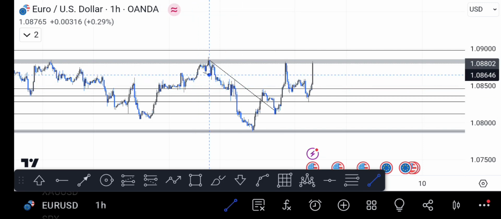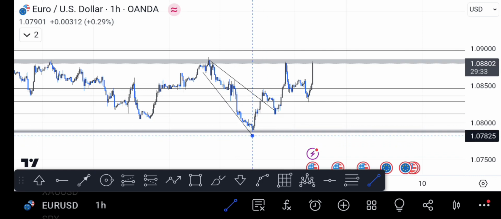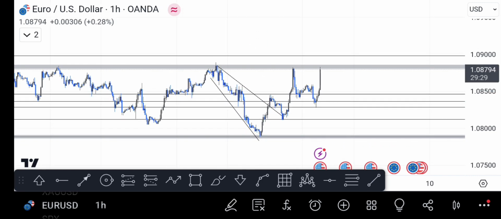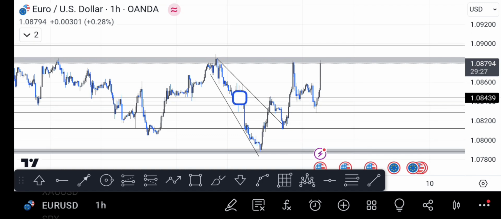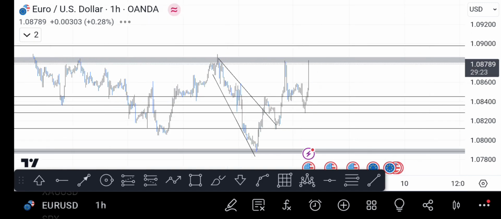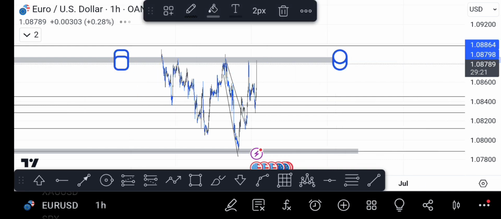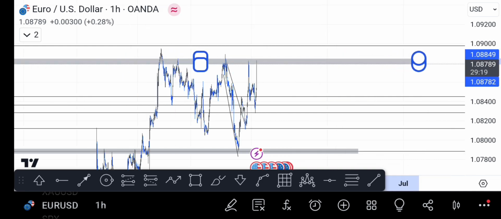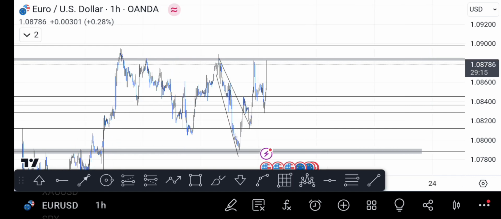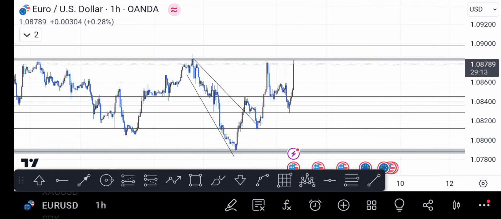I don't like trading that much on Mondays. Sometimes I do not even trade on Mondays, because why should I trade on Mondays? I prefer trading on other trading days except Monday, because you gotta give the market a chance to breathe, so that you can see a proper bigger movement.